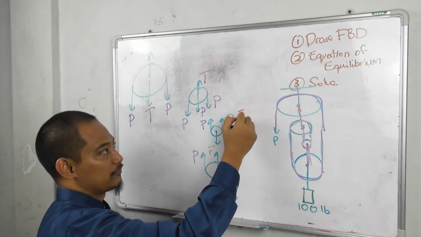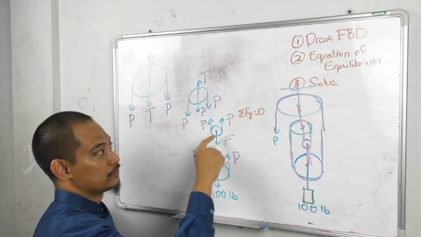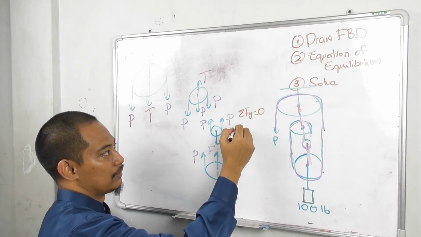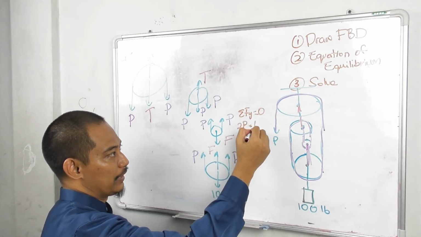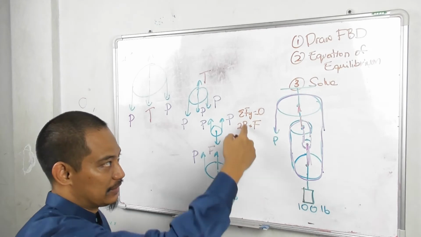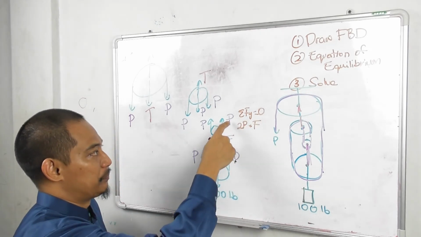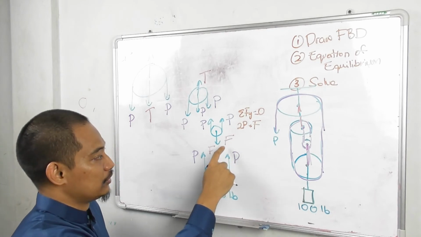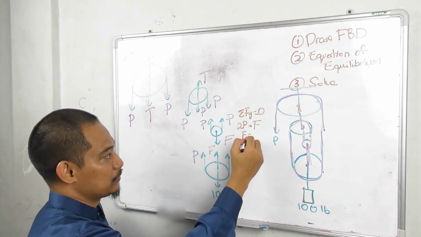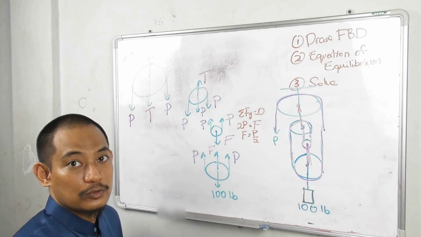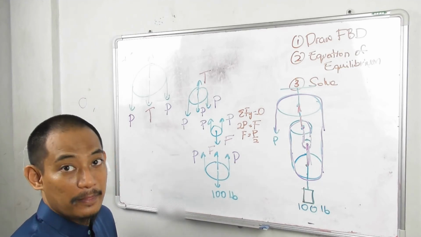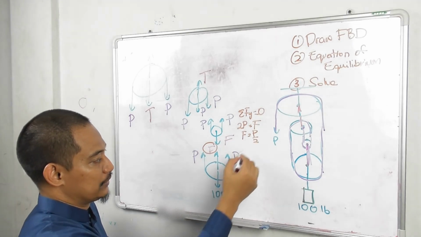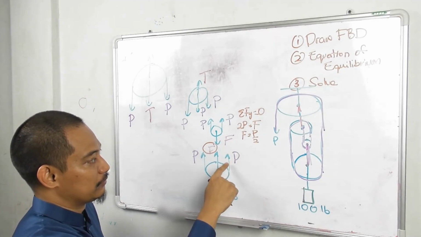from summation of Fy equal to 0, you can get that 2P equal to F, right? I'm skipping steps, but you draw P plus P minus F equal to 0, so 2P equal to F. Or F equal to P over 2, right? So if you know this F, you can put this one in.